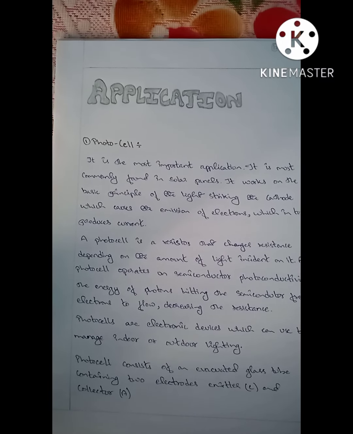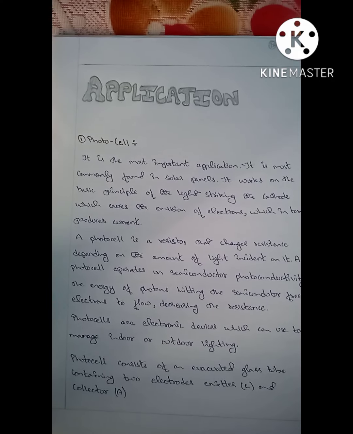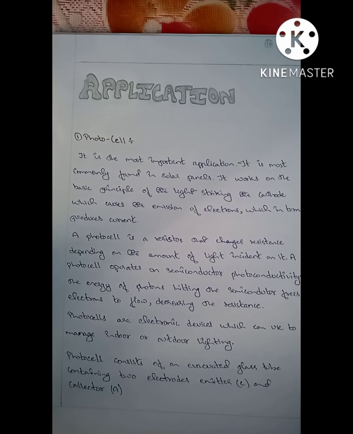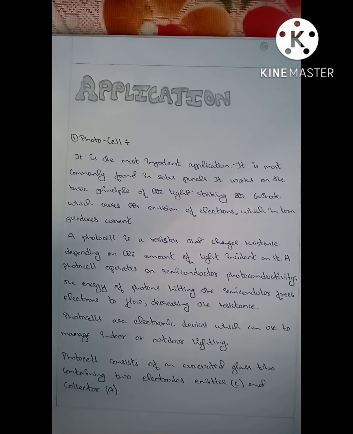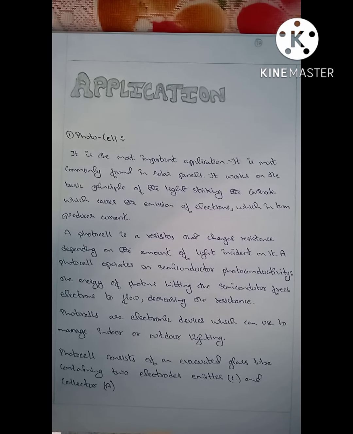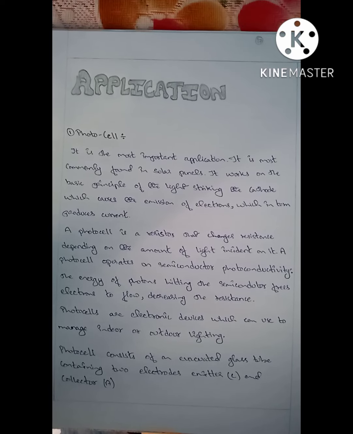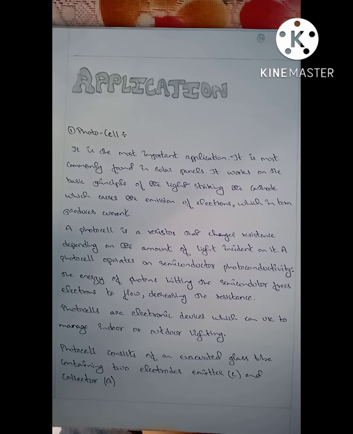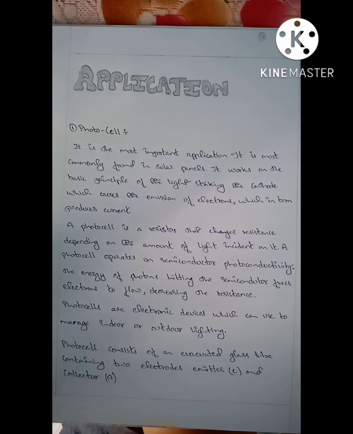A photocell is a resistor that changes resistance depending on the amount of light incident on it. A photocell operates on semiconductor photoconductivity. The energy of photons hitting the semiconductor frees electrons to flow, decreasing the resistance. Photocells are electronic devices which can be used to manage indoor and outdoor lighting.